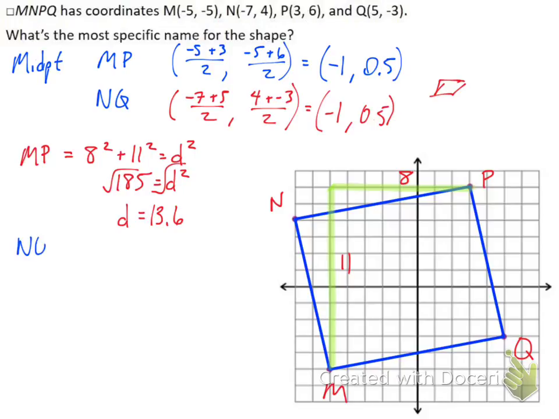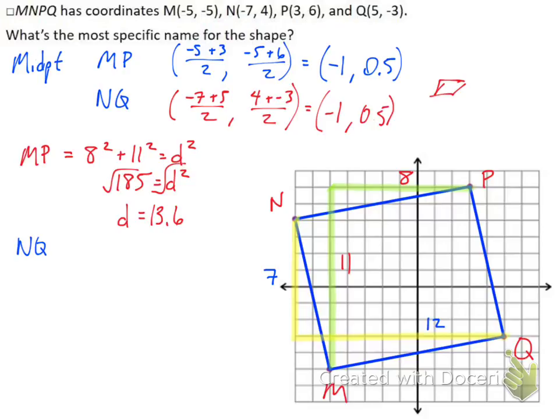NQ, same thing. I'm going to do that one highlighting it in yellow. So to go from N to Q, down there, and then over. So with that one, I'm going down 1, 2, 3, 4, 5, 6, 7. And then right 1, 2, 3, 4, 5, 6, 7, 8, 9, 10, 11, 12.